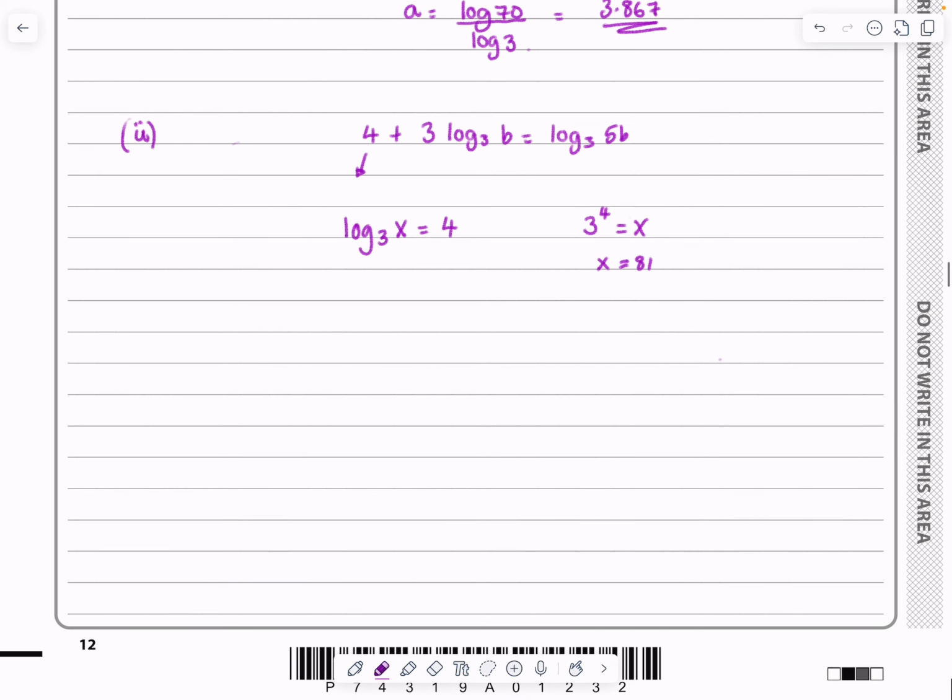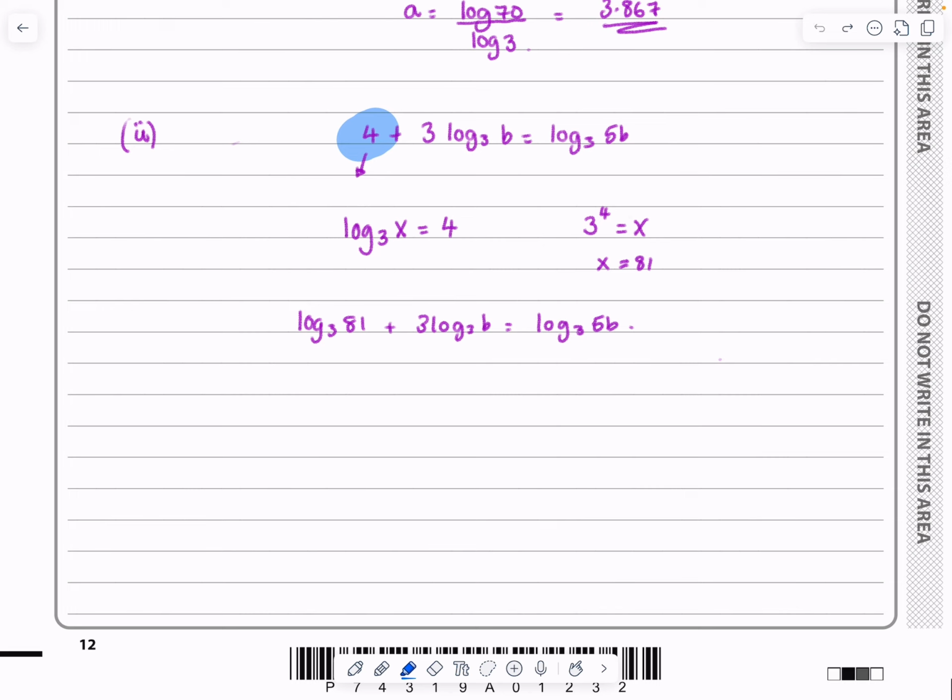So what I can now do is, instead of saying 4 plus 3 log 3 of b equals log 3 of 5b, I can say log 3 of 81 plus 3 log 3 of b is equal to log 3 of 5b here. So I've simply replaced this with a value that's a log to the base of 3.